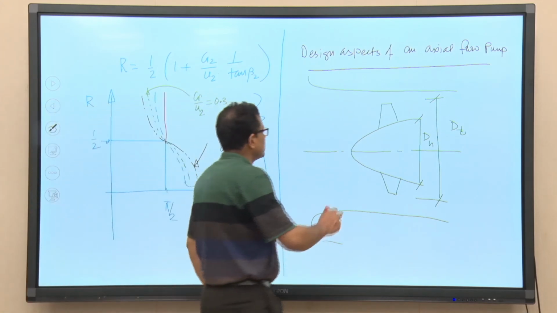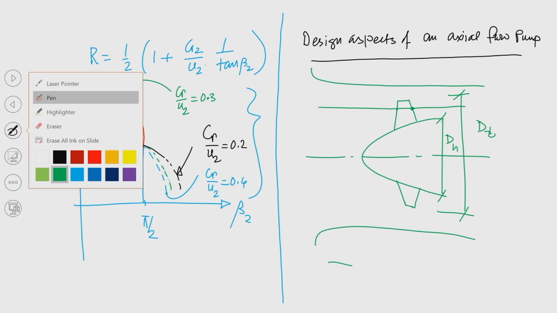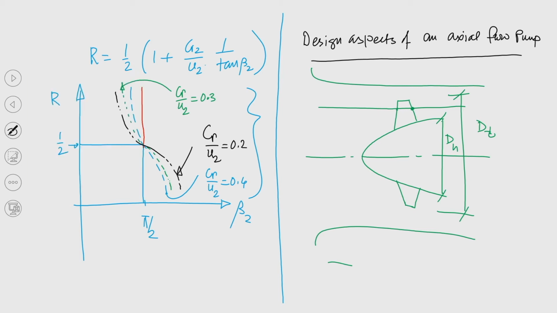If you would like to draw the velocity triangles at the inlet and outlet, right, this is the line. So, this is inlet and this is outlet. If we try to draw the velocity triangles using different colors, say this is the red color I am taking to draw the velocity triangle at the inlet. So, if it is swirl free flow, let me erase it, otherwise I have to draw here.